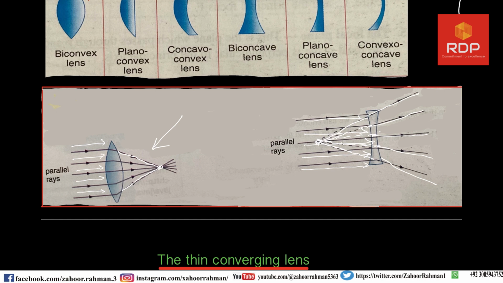So you saw that these are the two types of lenses, converging and diverging, and what they are actually doing. One is converging a parallel beam of light to a single spot, and the second one is diverging it from a single spot and spreading it in different directions.